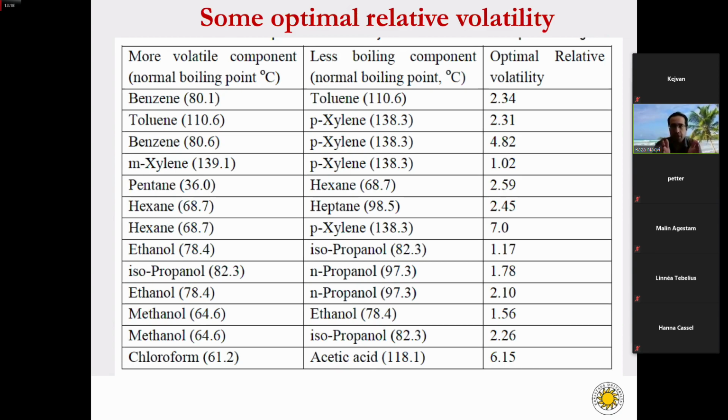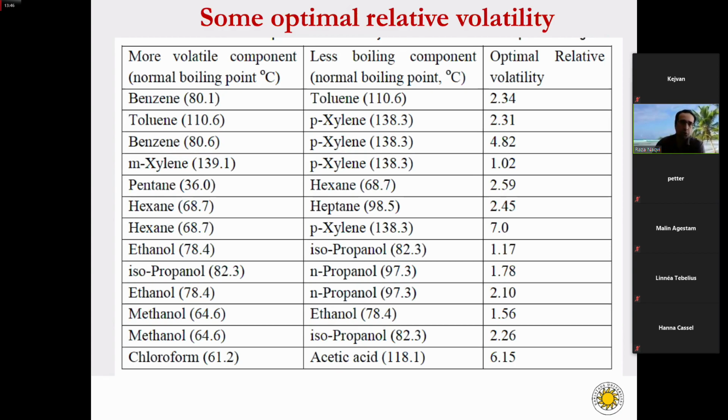So when we have a relative volatility close to one, it means the difference is very small, and the separation will be very difficult. And if we move away from one, so if we keep on increasing the relative volatility more than one, like let's say 7, 5, 6, these types of components will be much easier to separate through normal distillation.